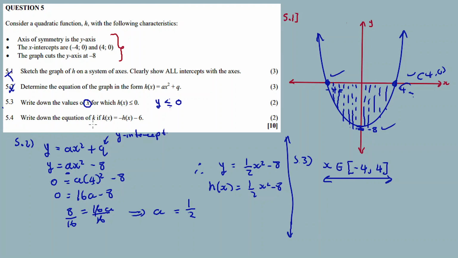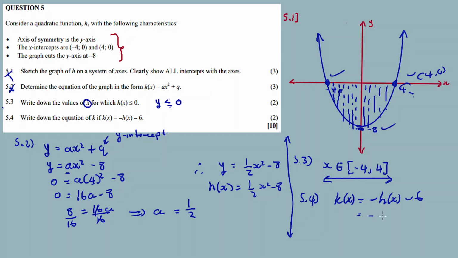5.4. Write down the equation of k if k of x is equal to -h of x minus 6. This is just an algebraic operation. k of x is equal to -h of x minus 6.